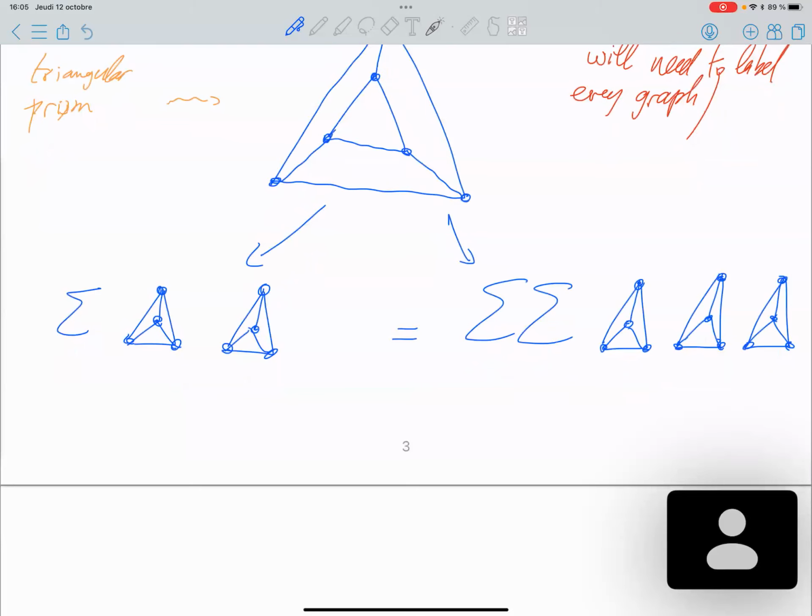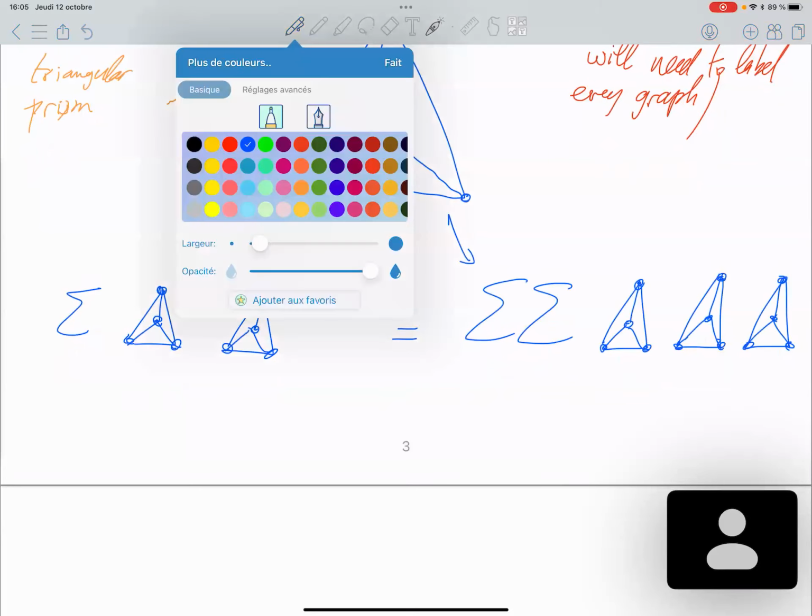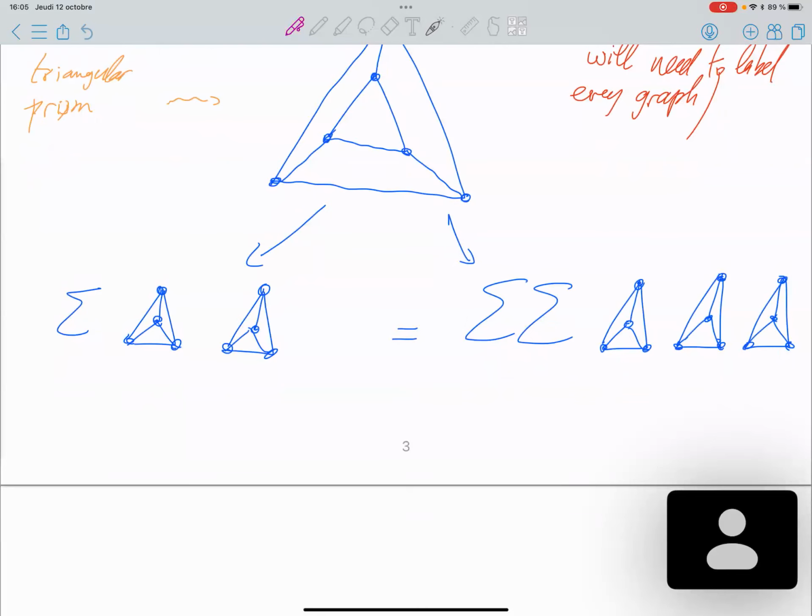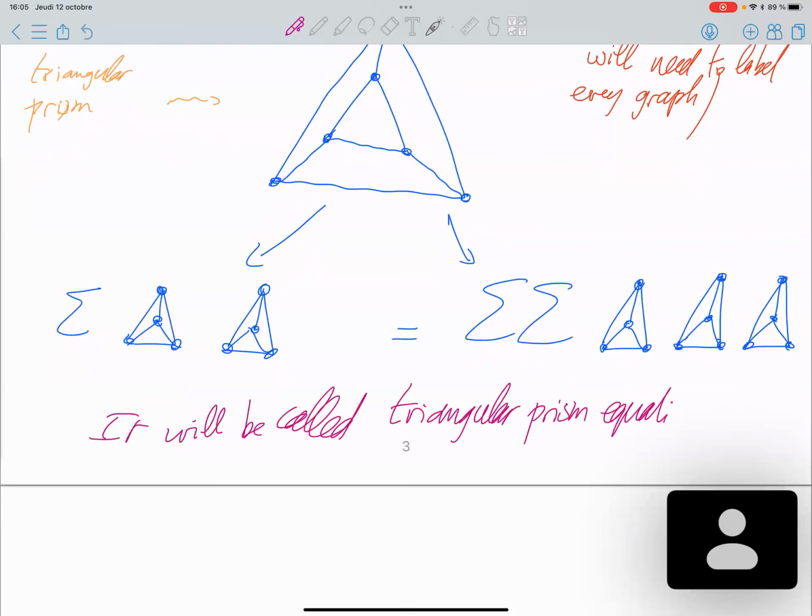So this equation is called the Triangular Prism Equation. And the system will be noted TPE, like that. And just for this, this is a tetrahedron.